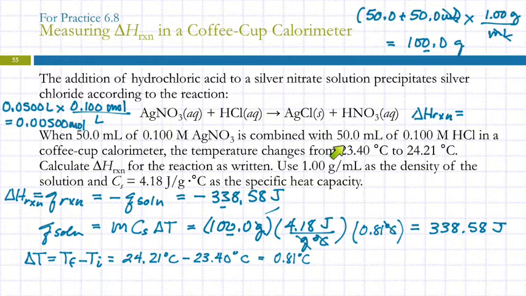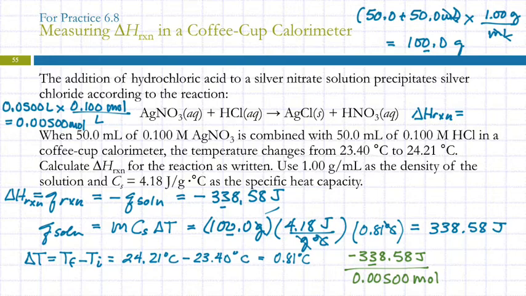Well, look, we have the same volume and the same concentration of the HCl. So then we have the same number of moles. So we had just the right number of moles of each of them. I'm running out of room. So we've got negative 338.58 joules for every 0.00500 moles that reacts.